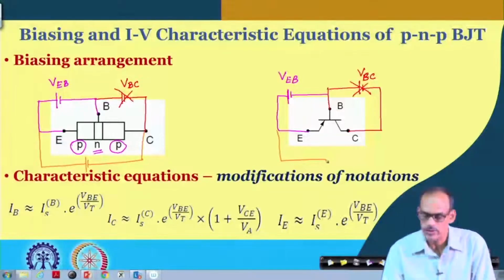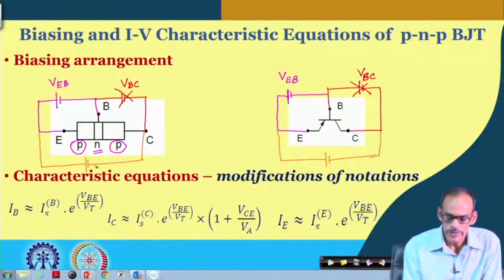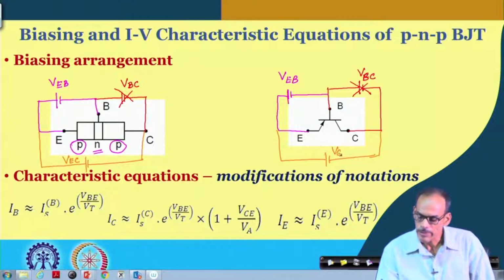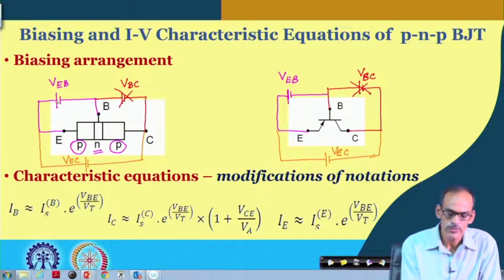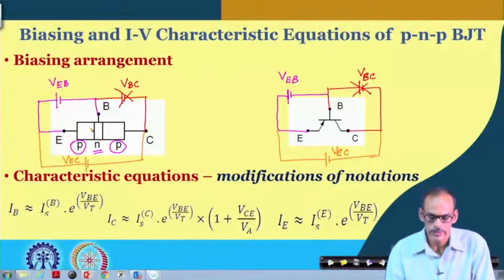So, same thing here also in this view. We will be calling this voltage VEC. Note that for actual operation VEC should be positive, VEB should be positive, that is how we are ensuring the device is in the active region of operation.